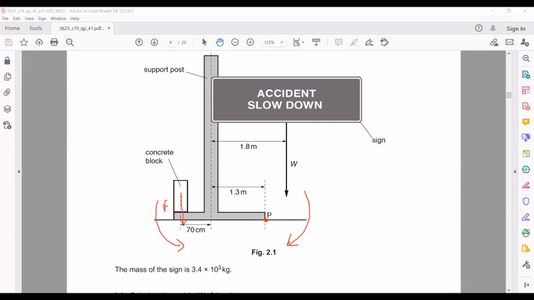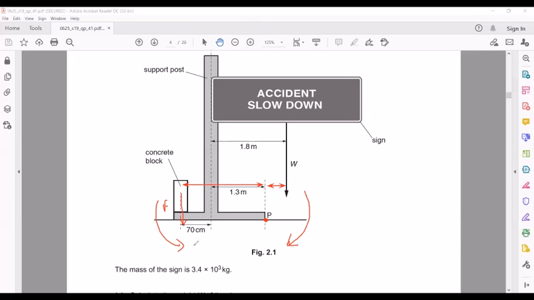So the clockwise moment equals the anti-clockwise moment. The distance of the weight, we already know, was 0.5. And what about the distance of the concrete block to the pivot? That is 1.3, and this is 70 centimeter.